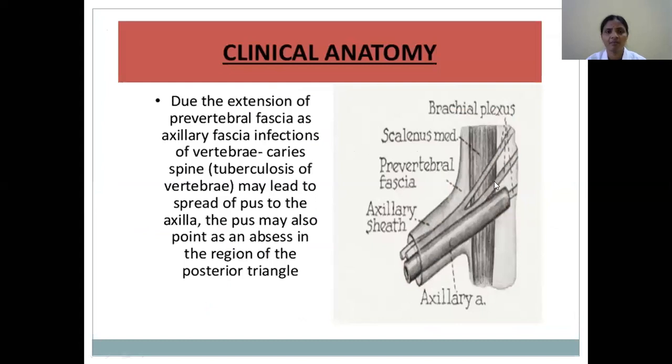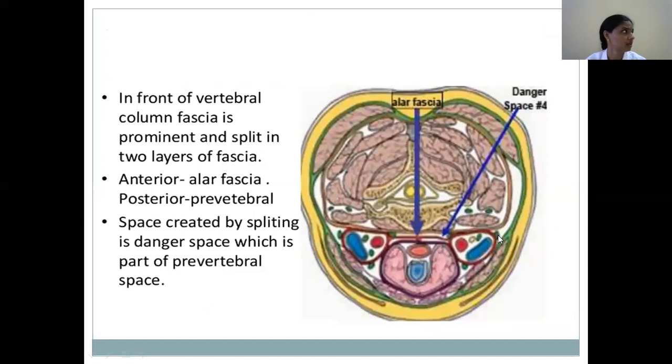Then the prevertebral layer. Here you can see this is the prevertebral layer. It extends in front of the vertebra, covering the prevertebral muscles. Then it extends backwards as it covers the paravertebral muscles.